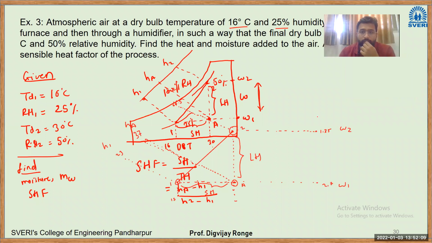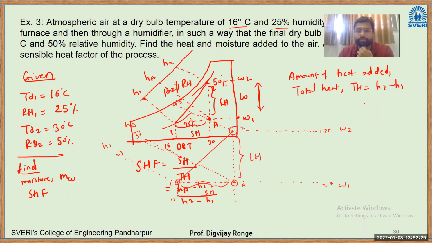Now see here, what they ask: heat and moisture added to the air. So amount of heat added, which we call as the total heat. Total heat will be equal to H2 minus H1.